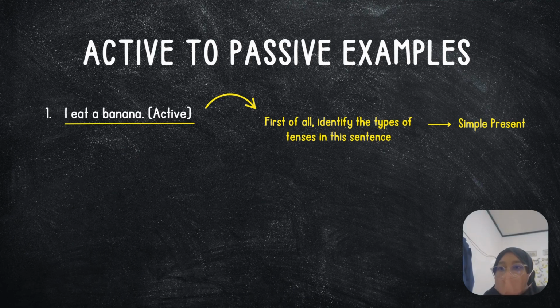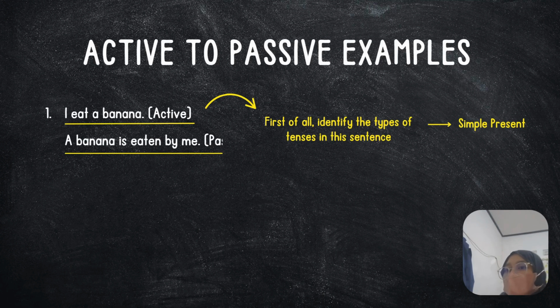So, a banana plus the verb to be from simple present, is or are, right? And a banana is singular, so you use is for this. So basically a banana is eaten by me.